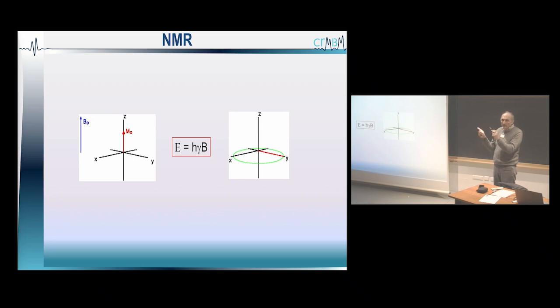I will tell you afterwards, but keep in mind that you need to have the frequency of precession be the same for all the protons. I will go back to this a little bit later.